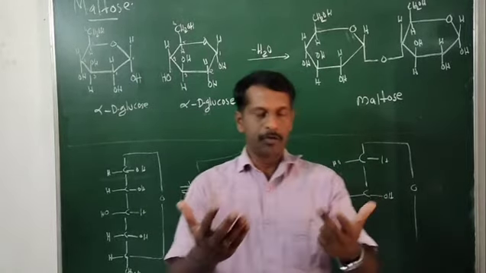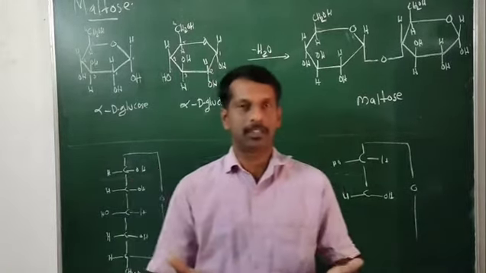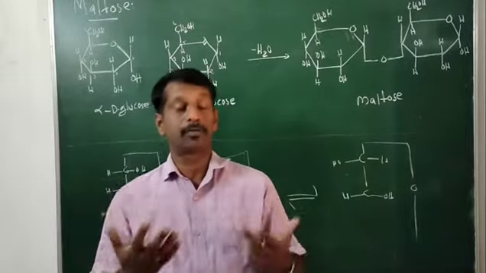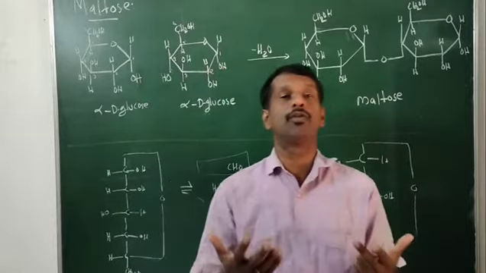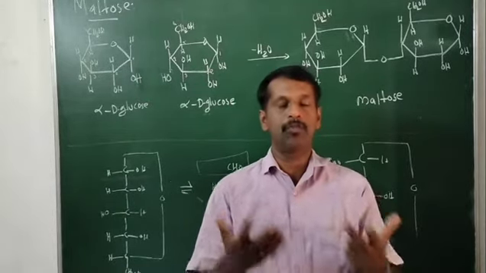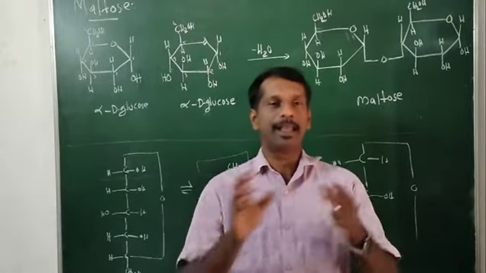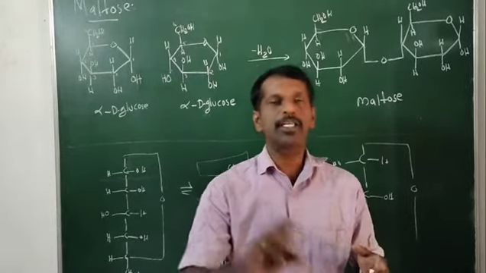Example, you know very well sucrose. The formula of sucrose is C12H22O11. Sucrose on hydrolysis will give glucose and fructose.